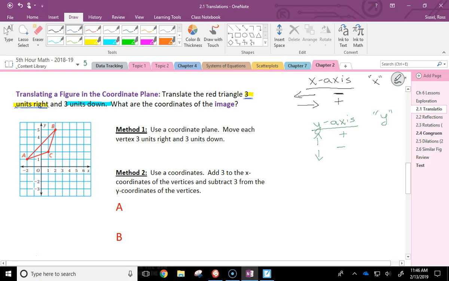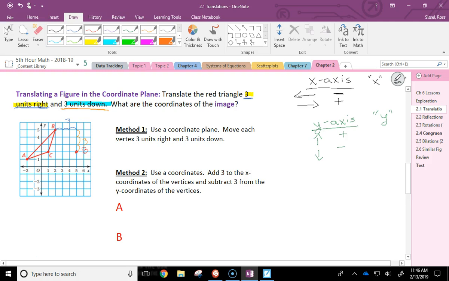So let's do this. 3 units right. I'm going to look at every single one of my vertices, and I'm going to move right 3 units. So I take my B point, and I'm going to go over 3 units. But then it also told me that I need to go 3 units down. So then I will go 1, 2, 3. That gives me my new point.